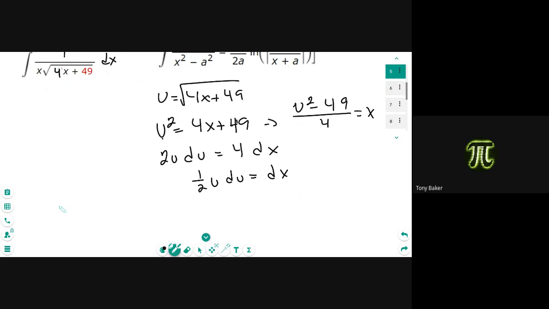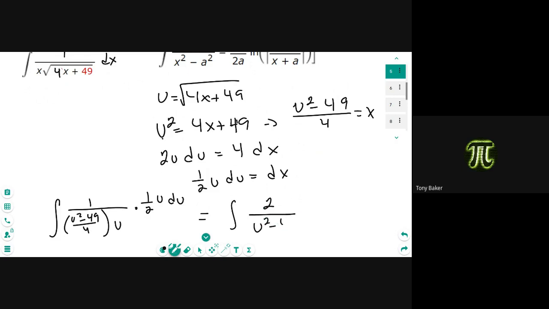So we now have 1 over u squared minus 49 over 4, times u, times 1/2 u du. Which becomes a 2 on top, right? So this ends up being 2 over u squared minus 49 du.